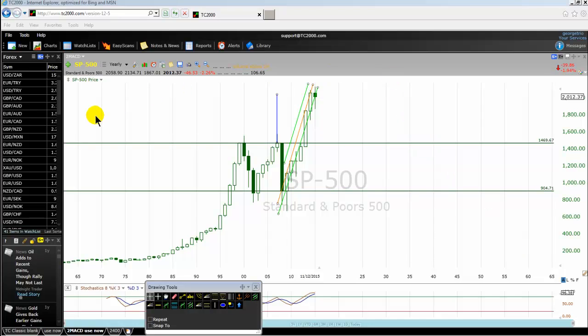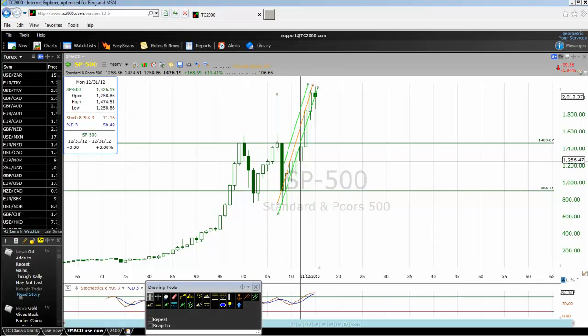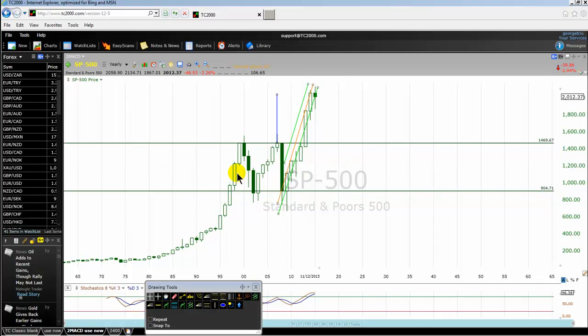All right. We're going to start analyzing the Standard & Poor 500 index on the yearly charts. You can see here, between 1998 and 2012, the S&P 500 was consolidating between the level of 904.71 and the level of 1469.67.